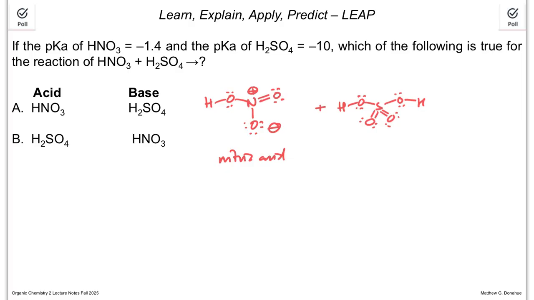And the reason we use sulfuric acid is to help form the electrophile that's needed. So even though we're starting with two acids, one of them is going to be a base. So remember, the action of a base is to abstract a proton.